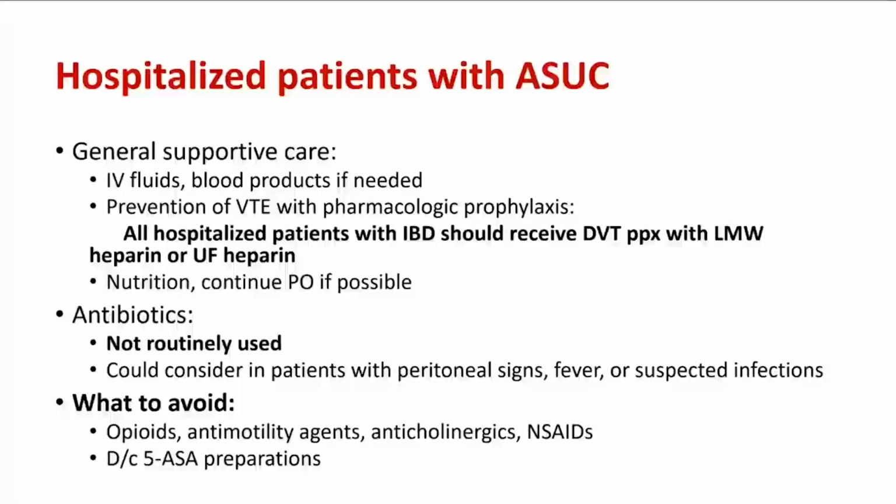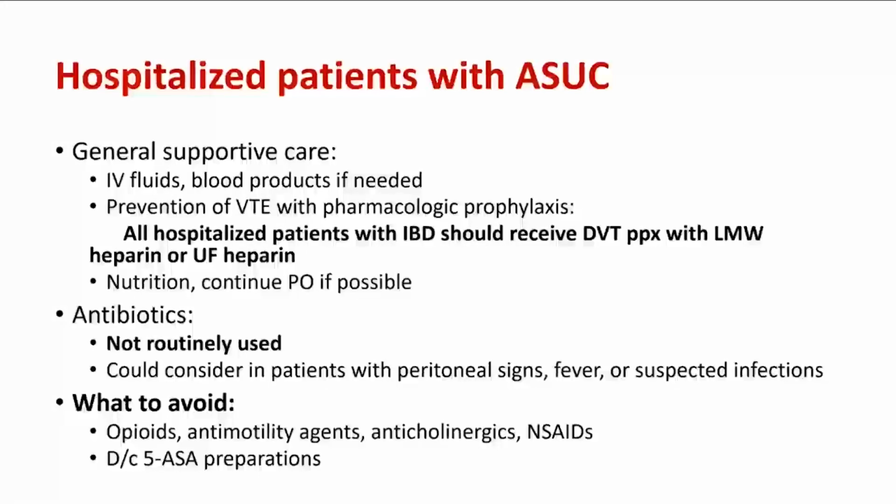These patients are at high risk for DVTs and venous thromboembolism, so it's very important that you do pharmacologic DVT prophylaxis. Also, there's no reason to keep the patients NPO if you're not planning on a procedure. So nutrition and continuing PO is very important as well.